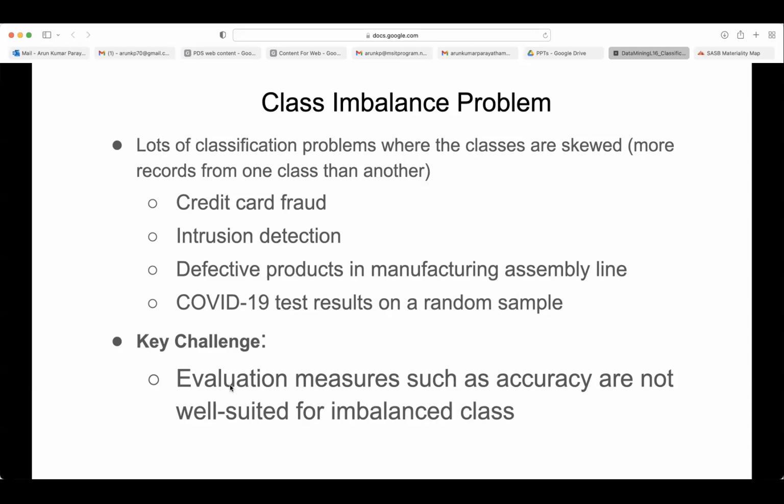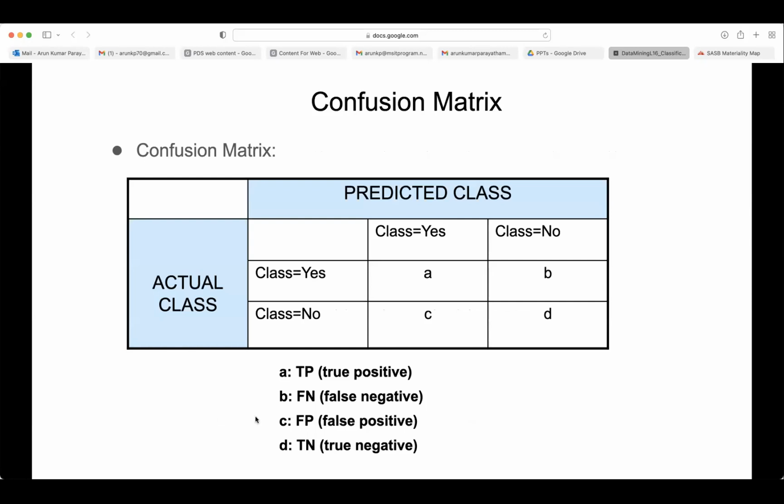Then the key challenge: evaluation measures such as accuracy are not well suited for imbalanced classes. If you take only accuracy, even if you say nobody has COVID, you'll get 94-95% accuracy. So it looks like your model is good, but it is not good because you predicted everything as negative for COVID.